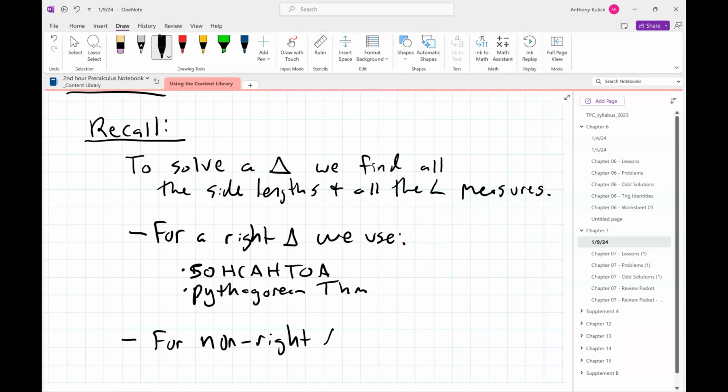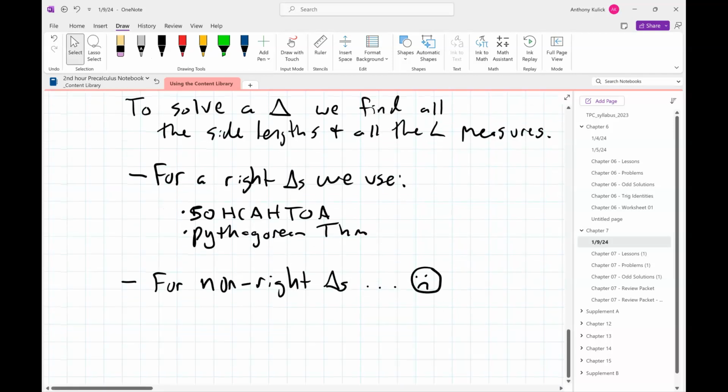What about for non-right triangles? Can't use SOHCAHTOA, can't use the Pythagorean theorem. We'd still like to be able to do this problem. Well, turns out that we do have two tools.